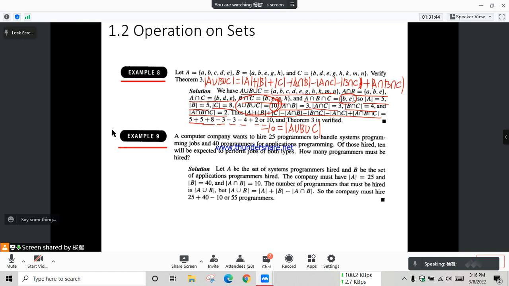A computer company wants to hire 25 programmers to handle system programming jobs and 14 programmers for application programming. Of these hires, 10 will be expected to perform jobs of both types. And we have a question: how many programmers must be hired?